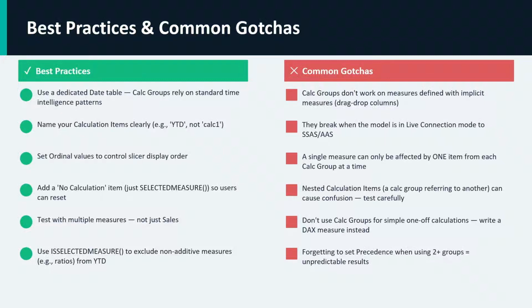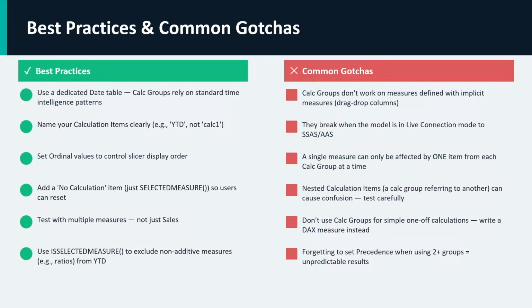Also, nested or chained calculation items, that is, where we have one calculation item calling another item. They work, but they are confusing. So, what will I say as a tutor to you? Avoid using nested or chained calculation items unless you are a pro, unless you know exactly what it is that you are doing.